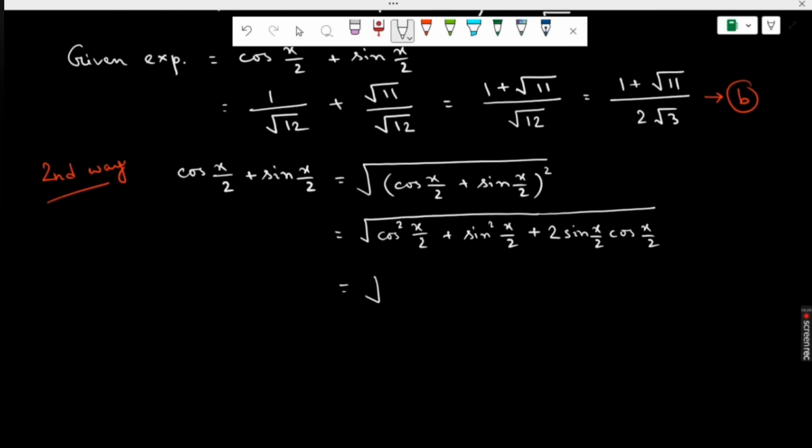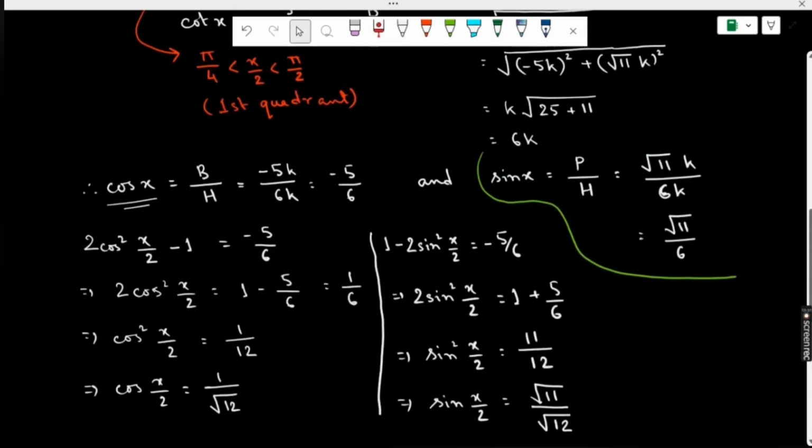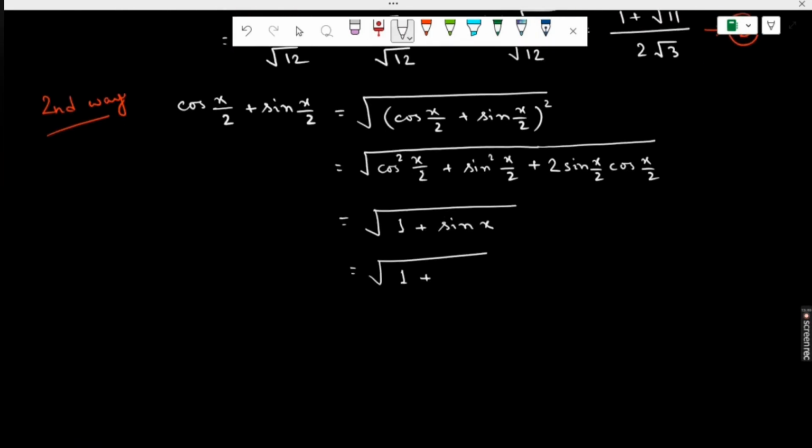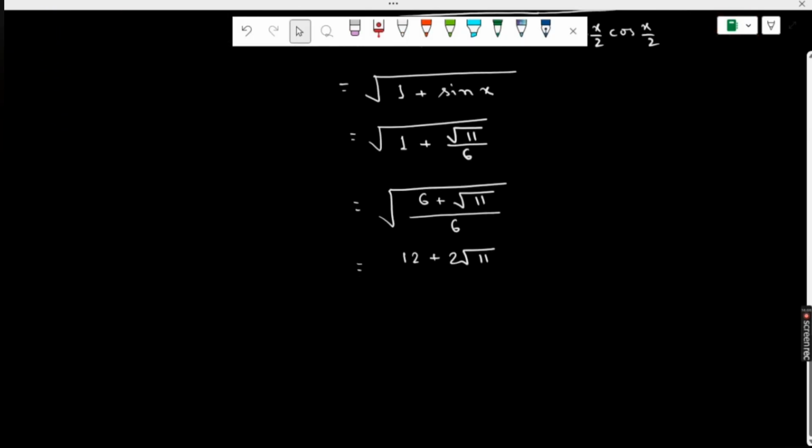which equals root over 1 plus sin x. And we know the value of sin x, which was root 11 by 6. So if we simplify it, it will be root over 6 plus root 11 by 6. To remove the outer root, we need to write it as 12 plus 2 root 11, because we need the a square plus 2ab plus b square form.